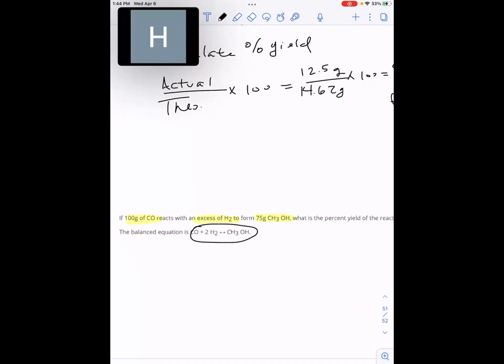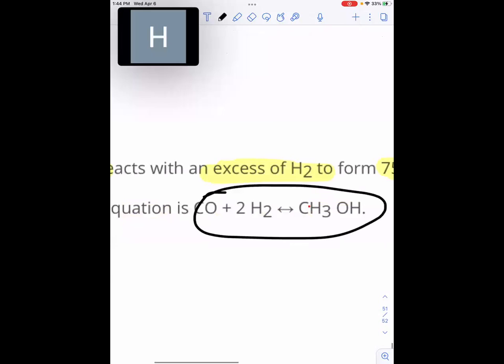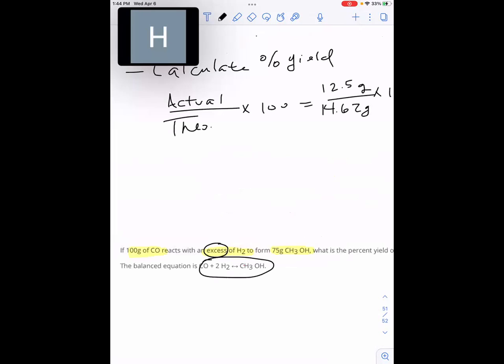If we read the question and it says that H2 is in excess, what does that mean? We talked about this Monday. If one of your reagents is in excess, what does that mean for the other reagent by default?